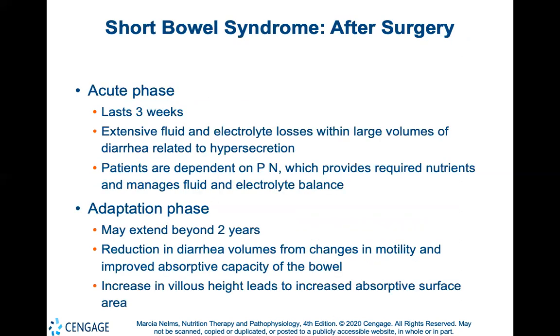After surgery, the acute phase could last up to 3 weeks, with extensive fluid and electrolyte losses within large volumes of diarrhea related to hypersecretion.